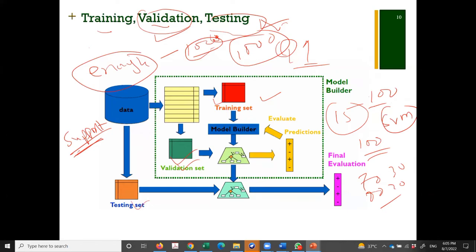Prof, please, can we use Weka for optimizing, let's say, a neural network for diagnosis? Question number 6. Okay.